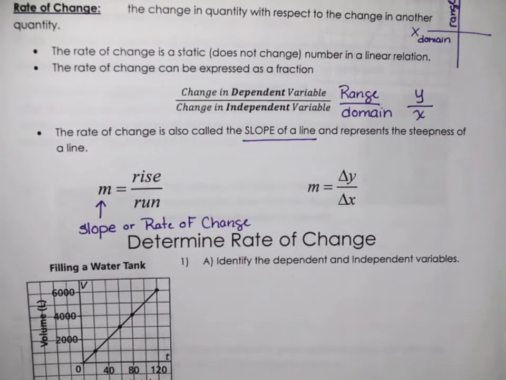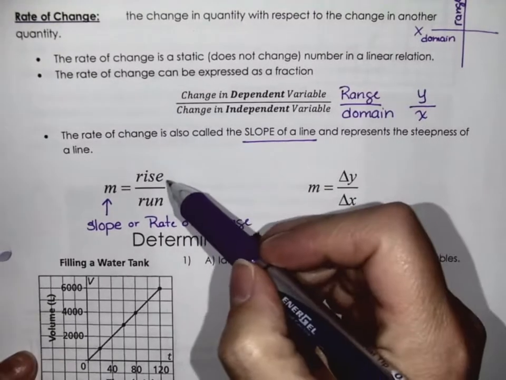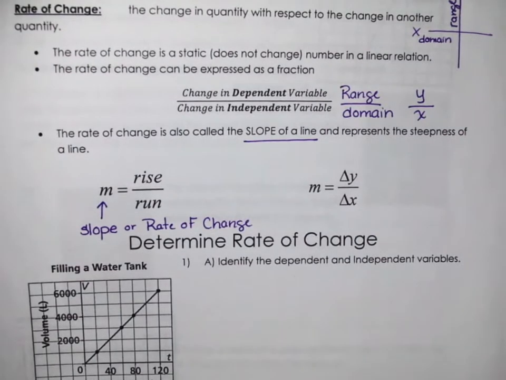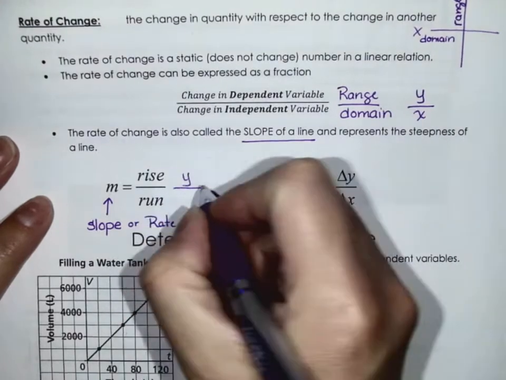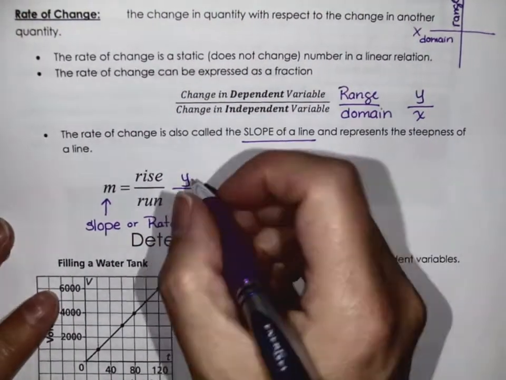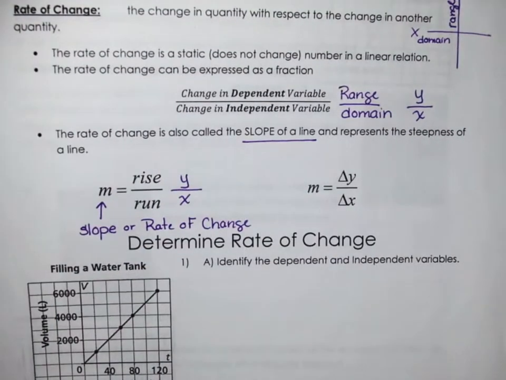Okay, so rise. Rise deals with what goes up and down. Is that the y or the x? The y. So the rise deals with our y values. And the run, so we run left to right, that is our x.